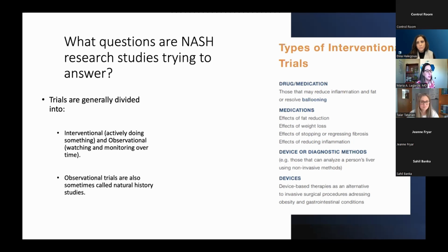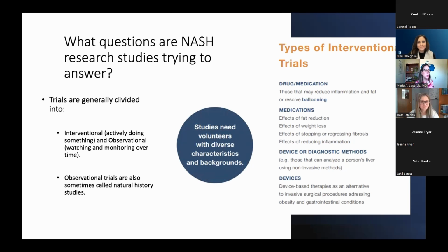For example, medications that can help decrease inflammation or weight loss, or stop the scar tissue or the fibrosis, but even also with some of our diagnostic testing, for example, is the elastography better than the MRE, or is there another new way of diagnosing fatty liver or scar tissue without having to undergo an advanced procedure? So in each one of these, there are trials, and we need patient support for that.